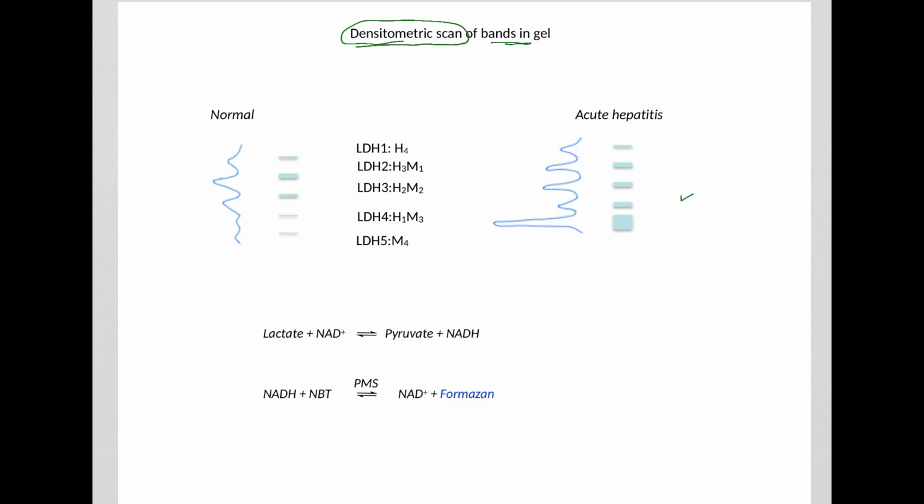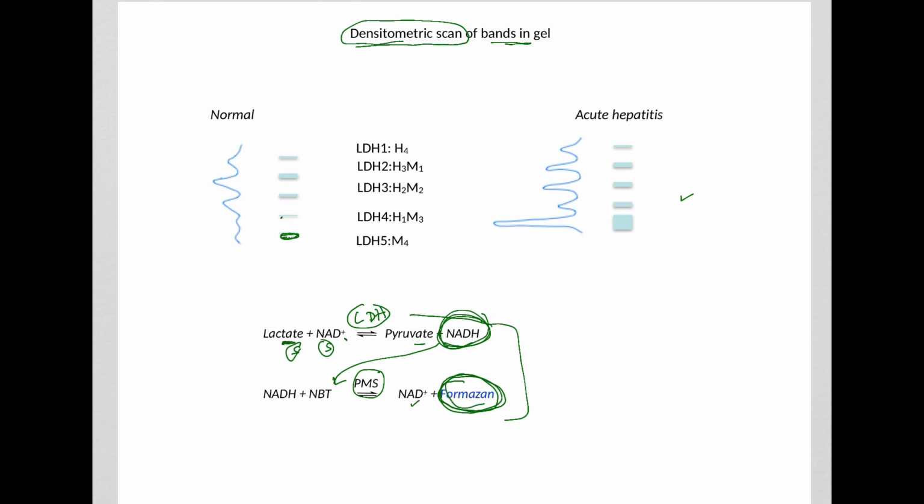So for LDH, the incubation mixture is this, because LDH will catalyze this reaction, so the substrate will be lactate and NAD. If the enzyme is present in the gel, it will catalyze this reaction, and what we get is pyruvate and NADH, and this NADH will then react with NBT, which is in the incubation reagent, as well as PMS, which is present in the reagent, to give you NAD, and you get this blue formazan precipitate.